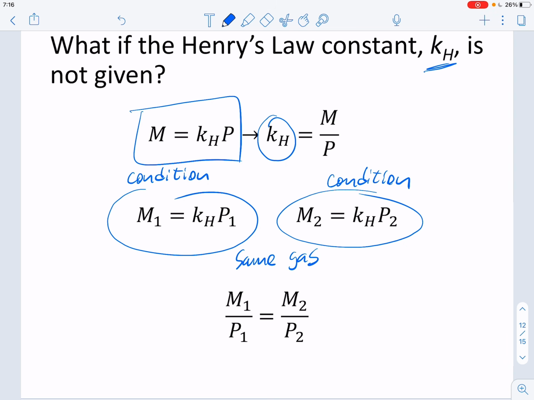Because it's a constant, we can say that M1 divided by P1 is equal to M2 divided by P2. This is similar to some other equations that you may have used in the past. You have two conditions and 4 variables here. You need 3 to solve for the 4th one.